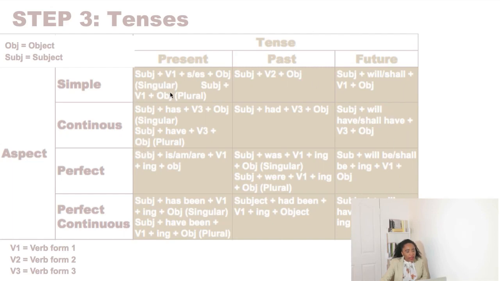And in white and yellow, we have a breakdown of how modifications of the verbs or the sentence structure apply in relation to each of the tenses going across, in other words, present, past, future, and then your aspects.